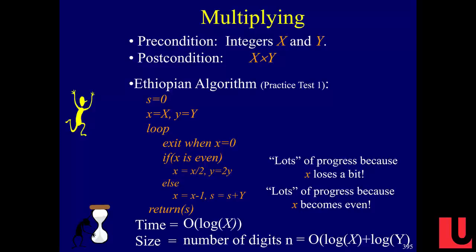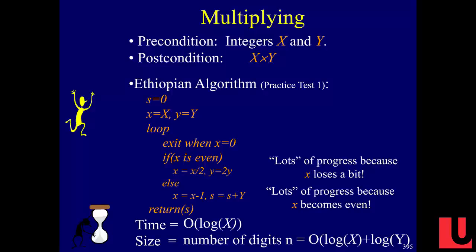And what is this? That's y. And note, I test: is x even or odd? If x is odd, then I'm adding in the current value of y. This is the current value of y. I'm putting it in my list, I'm adding it in.